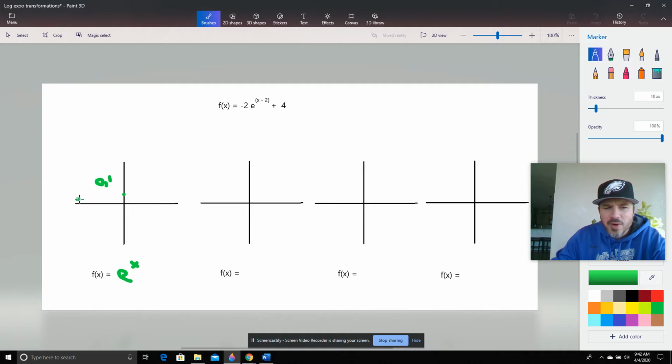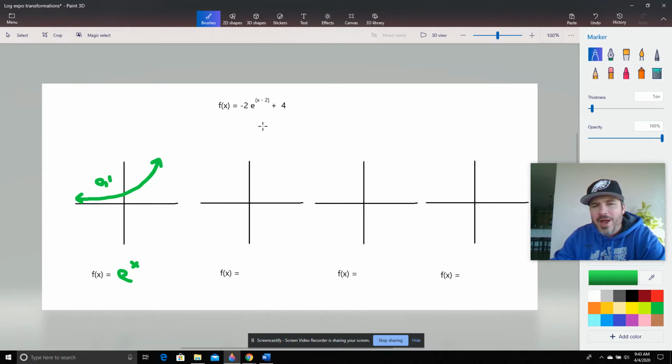It is a growth function, so it starts slow and then it speeds up, right? Goes to infinity here, shoots off towards the asymptote here, and that's what our function looks like. Okay, so first step, know your parent function. So that's this graph right here.